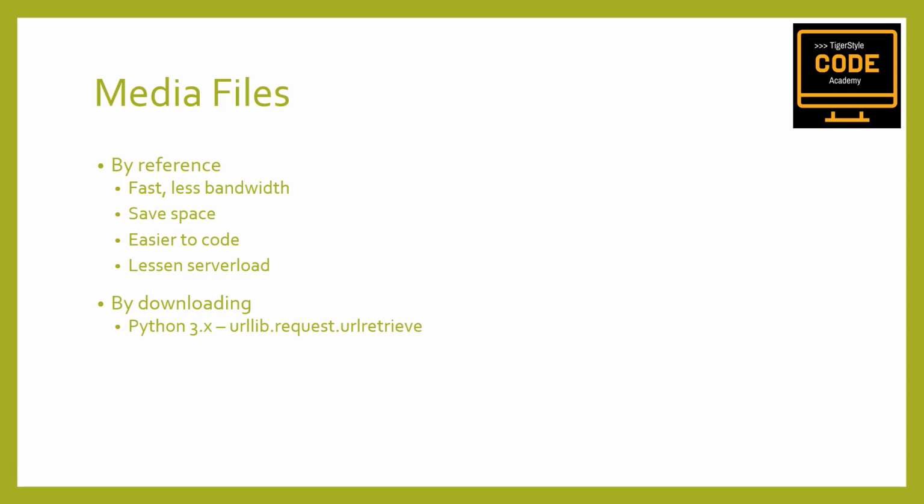You save space on your own machine by storing only the URLs. It's also easier to write code that only stores URLs and doesn't need to deal with additional file downloads. And you can lessen the server load on the host server by avoiding large file downloads.